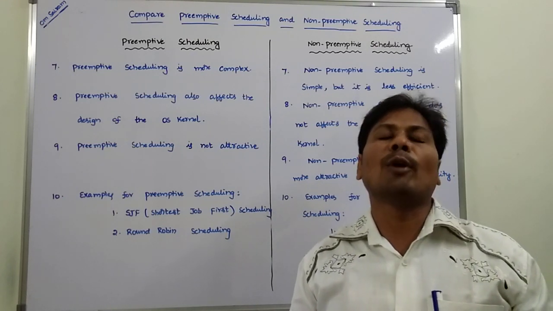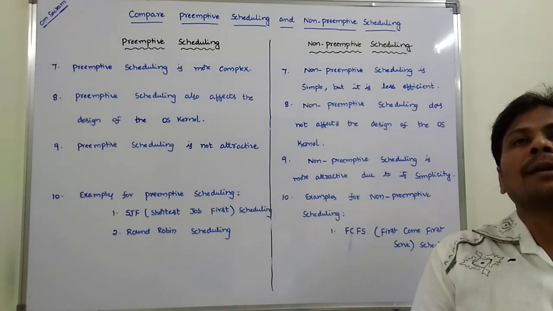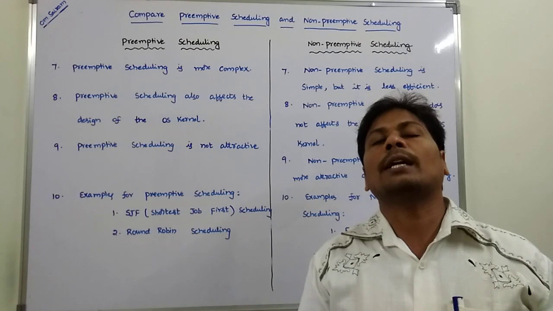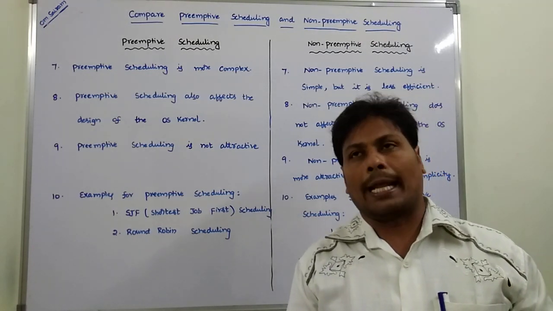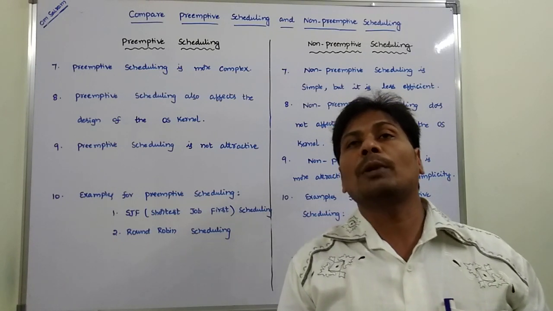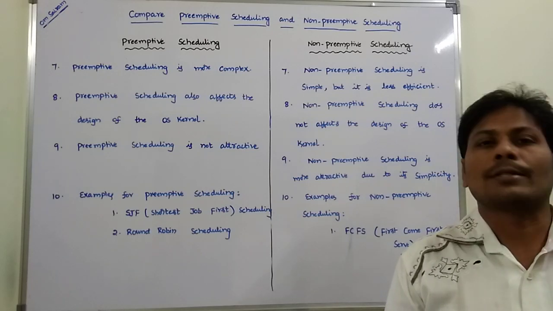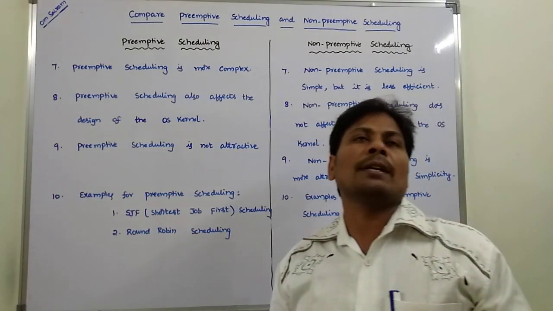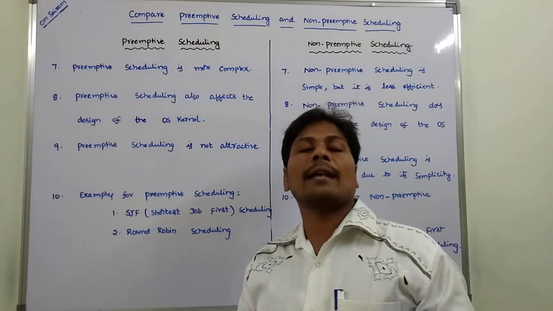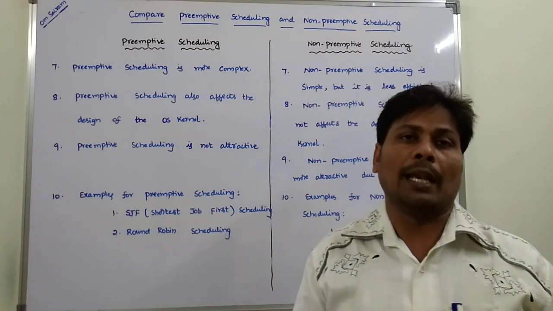But in the case of non-preemptive scheduling, fewer switchings are done, so the cost is also less. But non-preemptive scheduling is less efficient compared to preemptive scheduling. Next one is that preemptive scheduling is more flexible, whereas non-preemptive scheduling is less flexible.